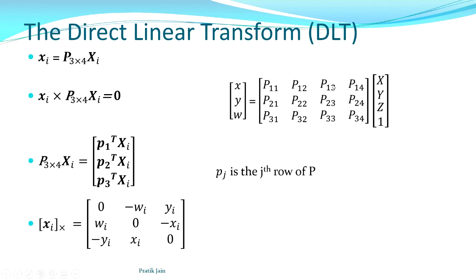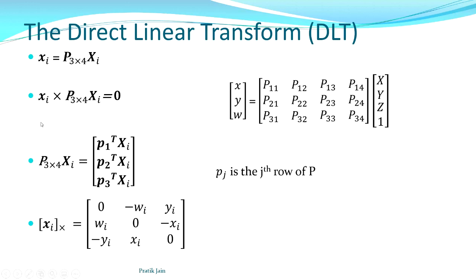where p1 is nothing but a row. The first row multiplied by xi gives you the first element of this vector, the second row multiplied by the vector gives the second element, and the third row with the vector gives the third element. So pj is the jth row of the camera matrix.